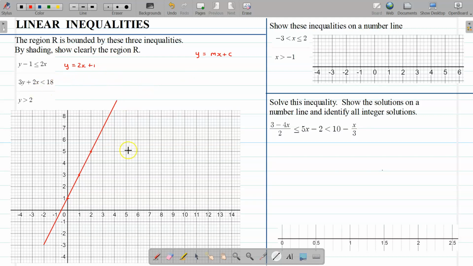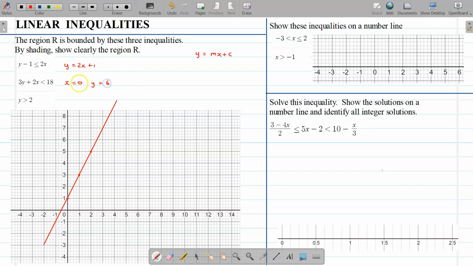Now the second one, I could use the same sort of method, but I'm going to use what we call the cover-up method, and that's easier when you've got numbers in front of y and x like this. So what I'm going to do is simply set x equal to 0 to see what y would be. When x is 0, think of this as an equal sign. 3y equals 18, so y would be 6.